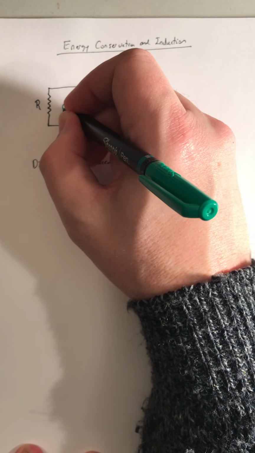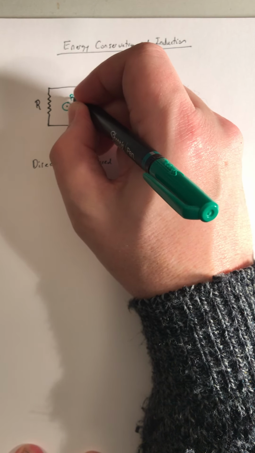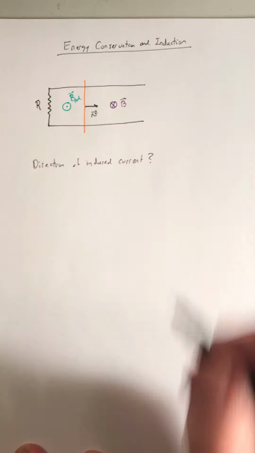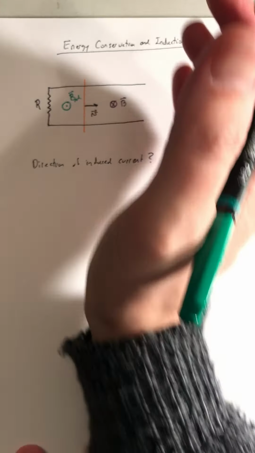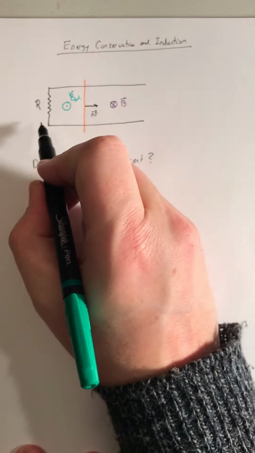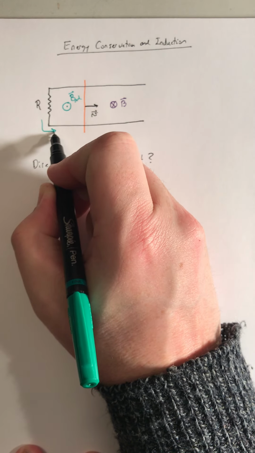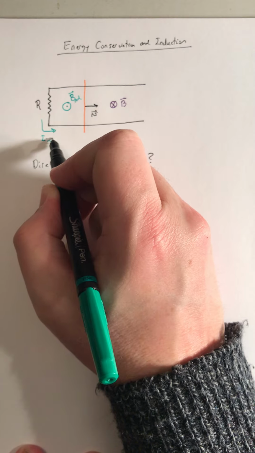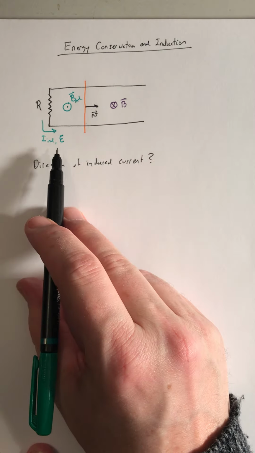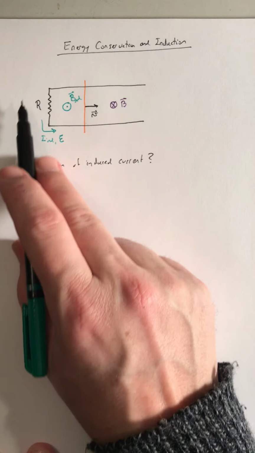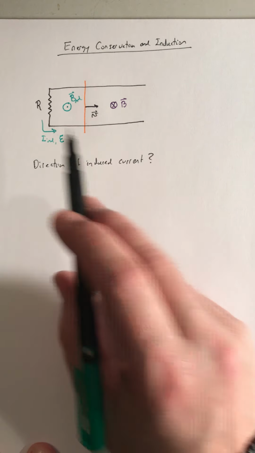So my induced magnetic field is coming out of the plane of the page. To get a magnetic field coming out of the page, I have an induced current, and the EMF from Faraday's law of induction, circulating counterclockwise.